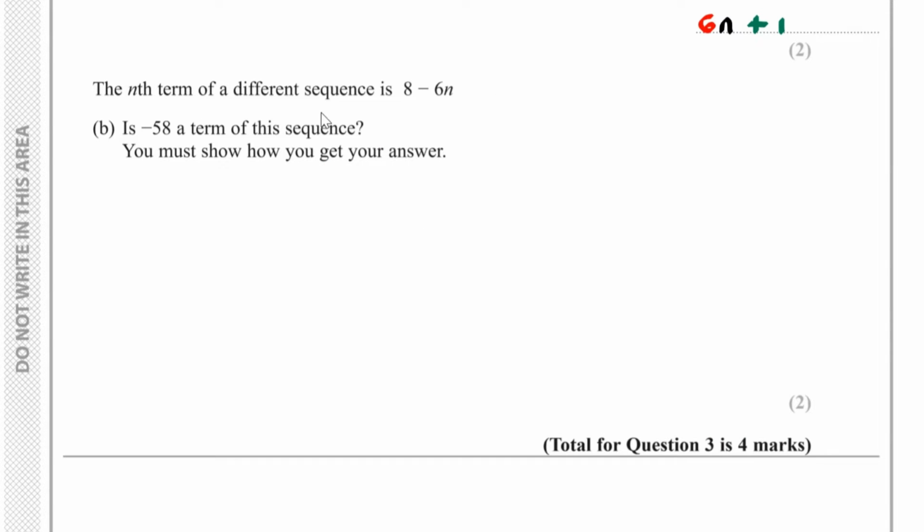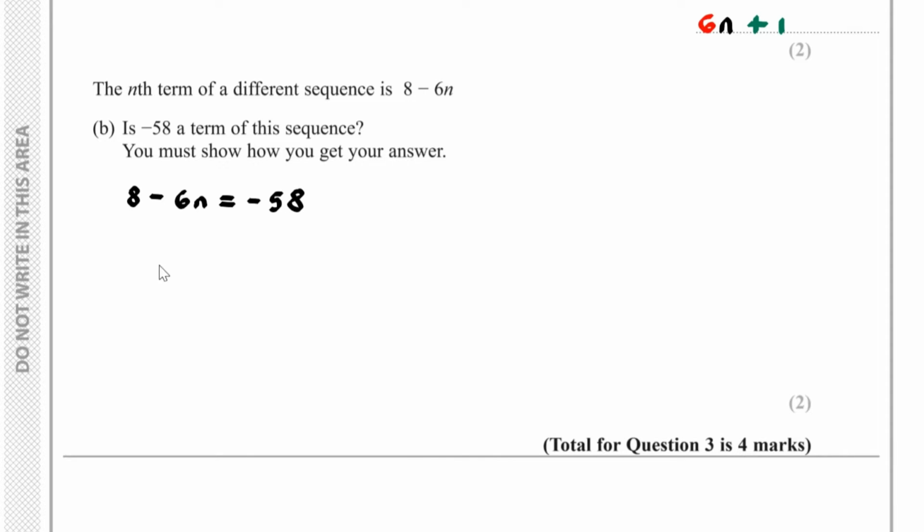The nth term of a different sequence is 8 subtract 6n. Is negative 58 a term of this sequence? You must show how you get your answer. Well, what we can do is set this sequence 8 subtract 6n equal to negative 58.